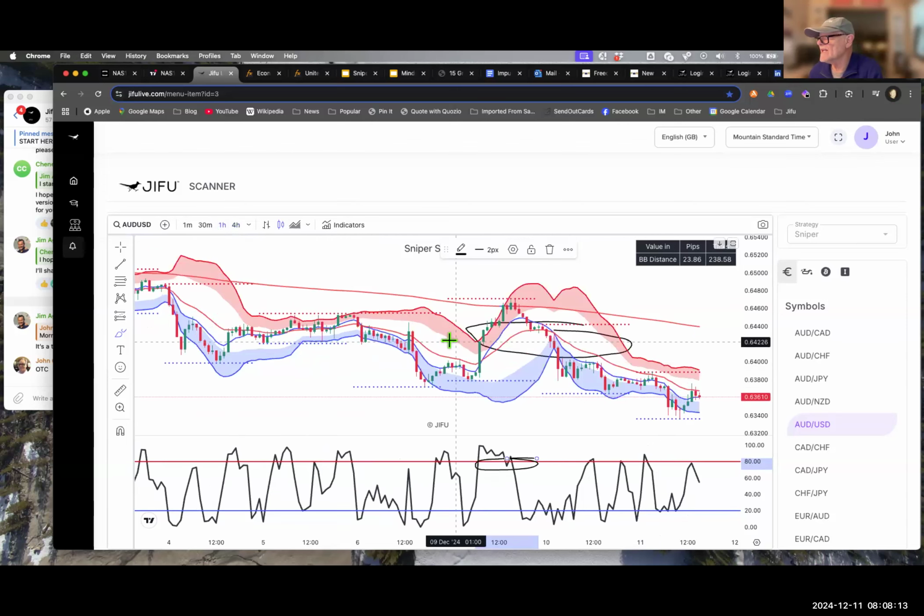We drop down to the 1 hour, and we can see quite clearly things start changing. Again, you can see clearly a rejection here.